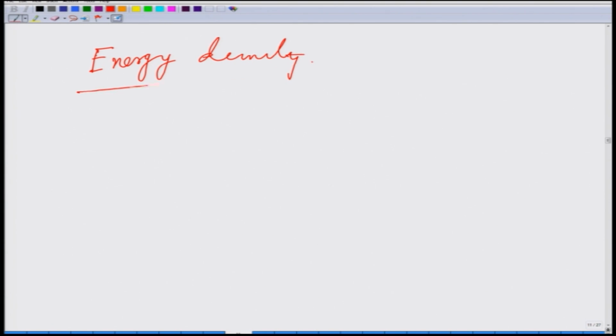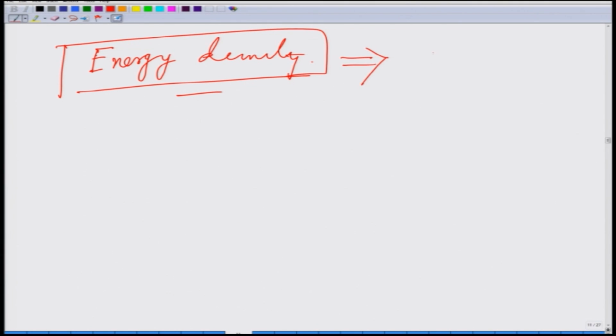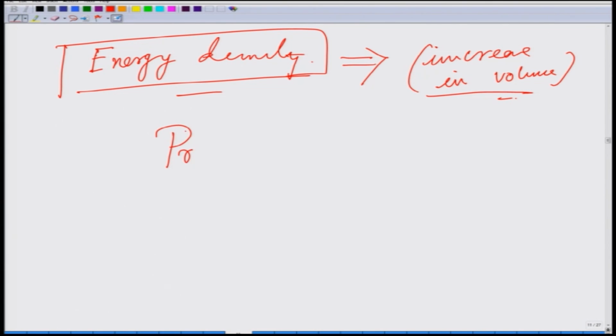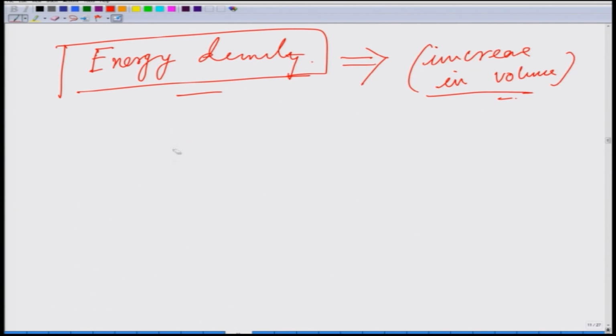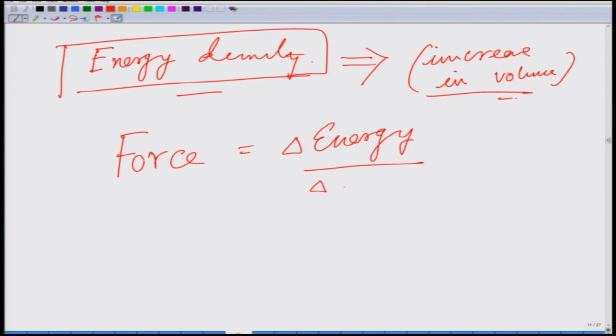From the knowledge of energy density and the increase in volume, you can find the force, because force is the change in energy per unit change in length or distance.